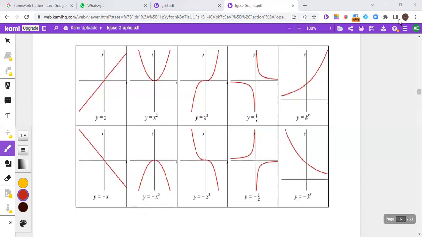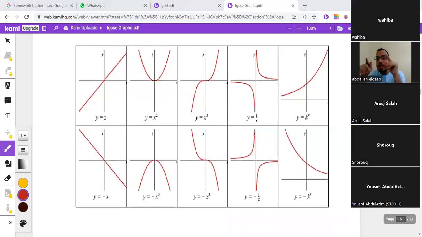Here, I need you to keep in your mind the shape of each one, the shape and the name. Like once you see this is a pen, this is a mouse, and this is a copybook. So once you see the graph, you know what the shape of the graph is.